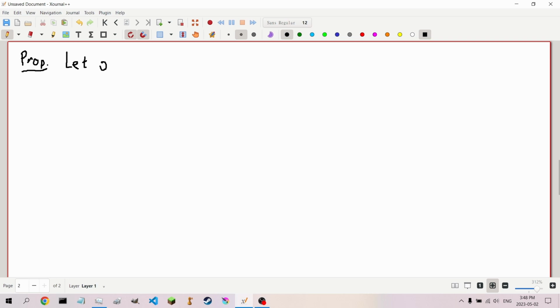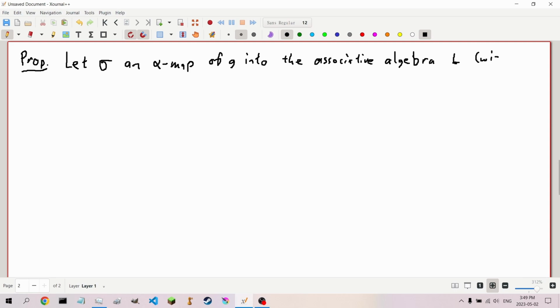We're going to let sigma be an alpha mapping of G into the associative algebra L with unit, of course.